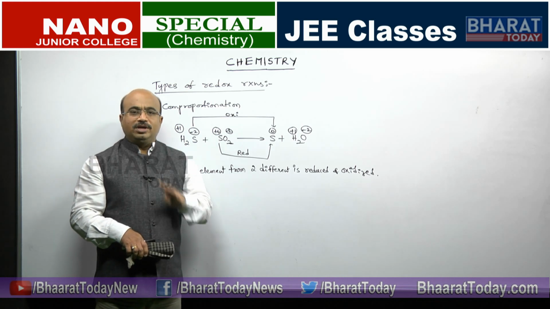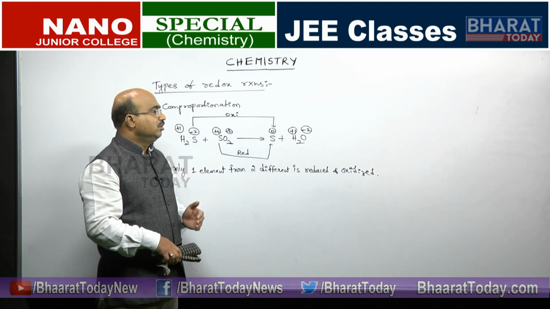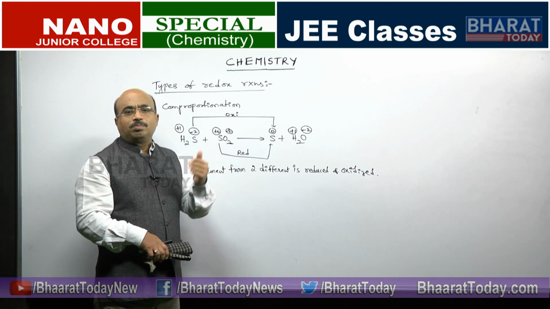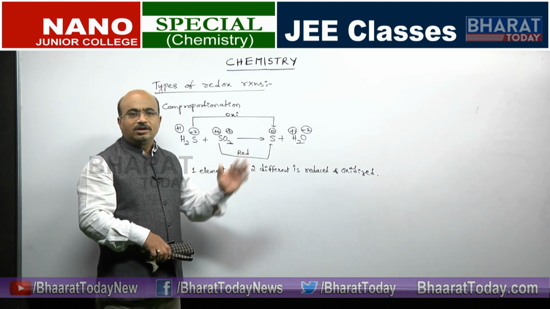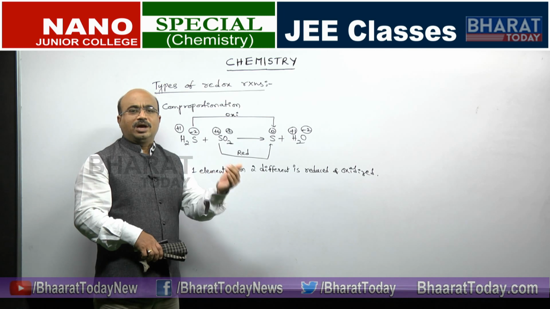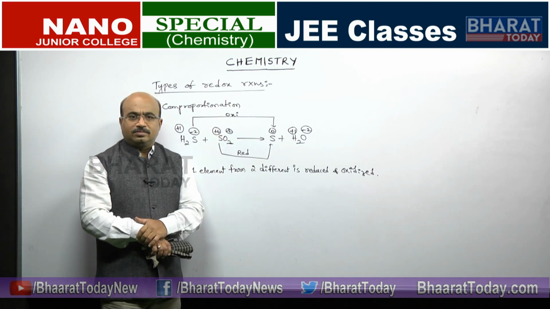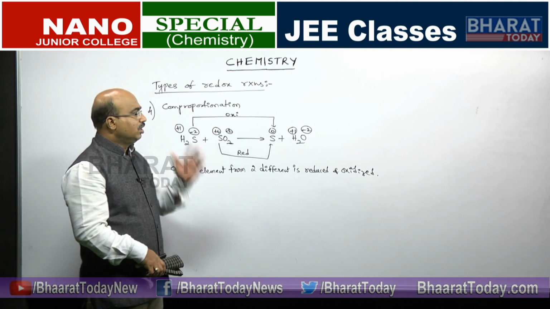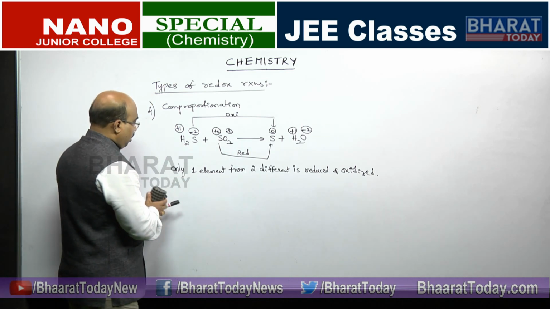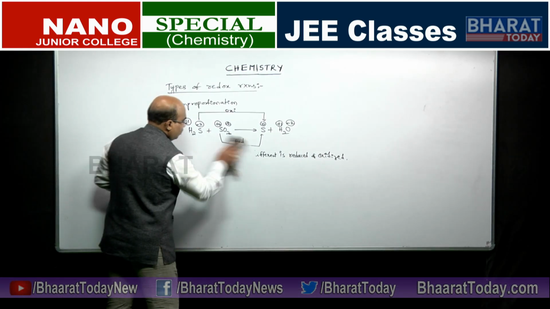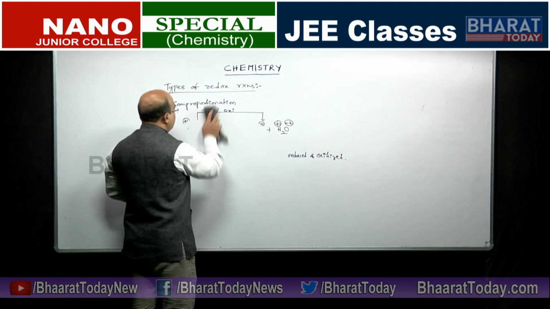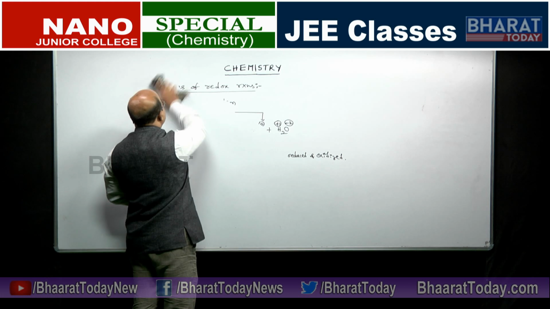So, there are 4 different types of redox reactions, but we generally won't apply these classifications here. We will take a reaction and try to balance it, whatever type of redox reaction it is. Clear? So, let us start with the balancing of redox reactions.